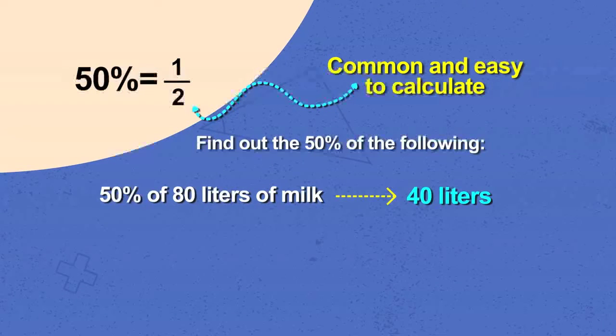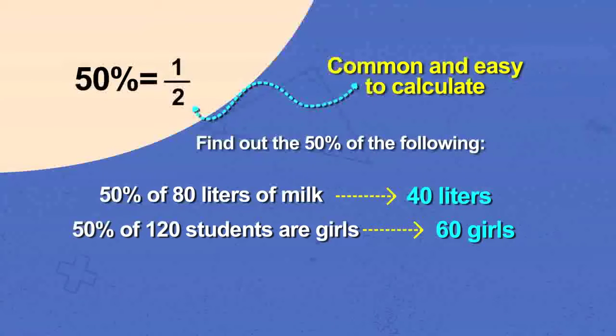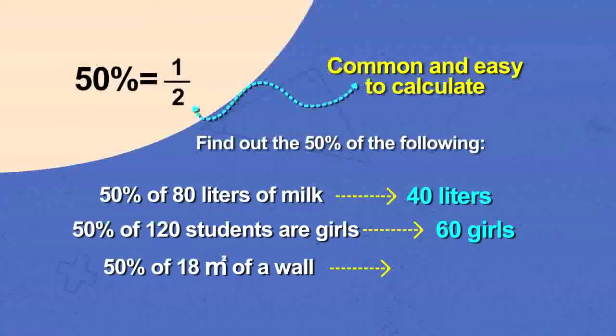Correct, 40 liters. What is 50% of 120 students are girls? 60 girls. How about 50% of 18 meters squared of a wall? Right, 9 meters squared.